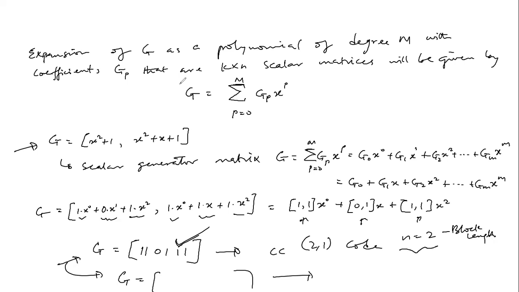So the generator matrix, given that G is 1, 1, 0, 1, 1, 1, will now become 1, 1, 0, 1, 1, 1. Since it is a 2 by 1 convolution code, n is equal to 2, which is the block length.